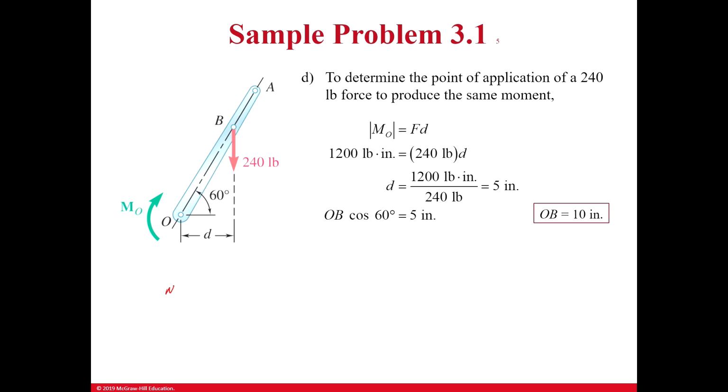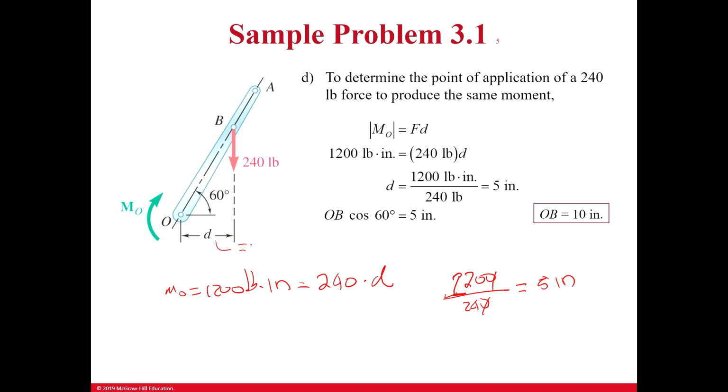The moment is 1200 pound inch, so the distance is 1200 divided by 240, which is equal to 5 inches.